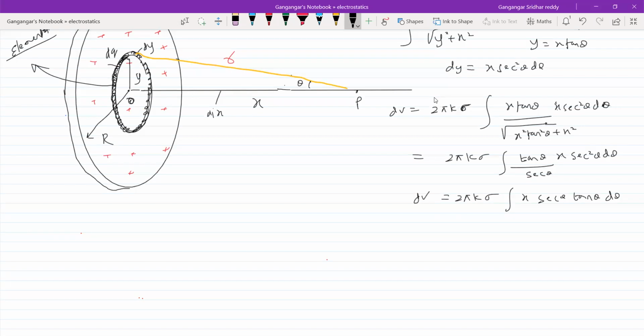So this is dV equal to 2 pi, k is 1 by 4 pi epsilon naught, sigma, x I'll take outside, secant theta tan theta d theta. Integral of secant theta tan theta d theta will be secant theta. So 2 pi sigma x by 4 pi epsilon naught; this will be sigma x by 2 epsilon naught secant theta.